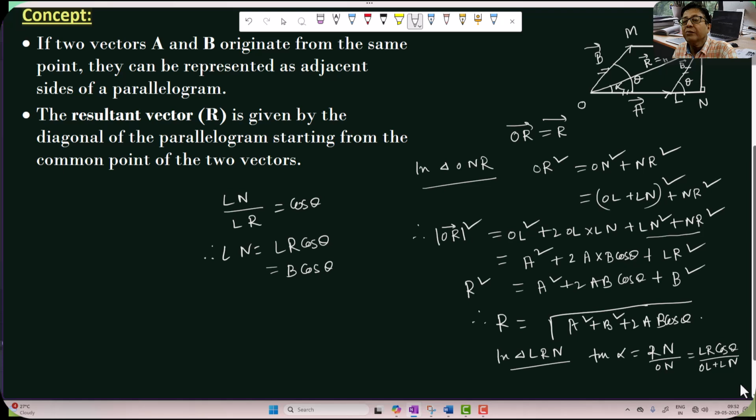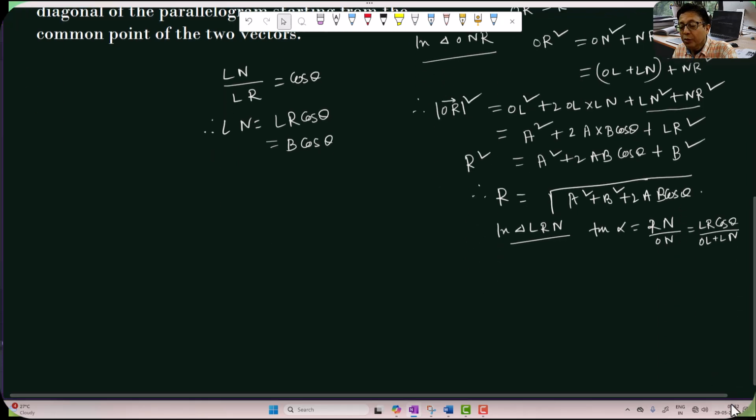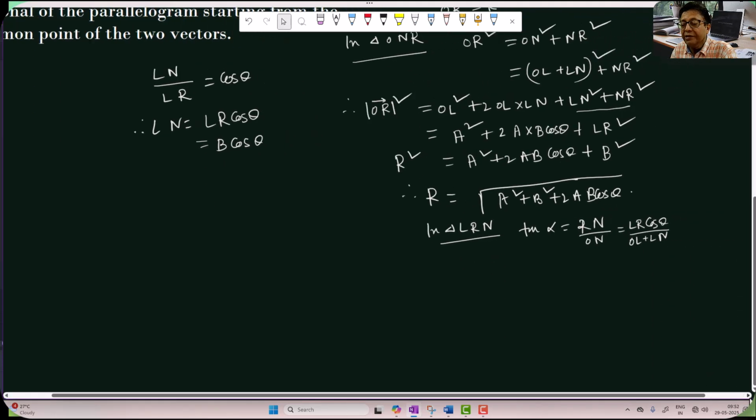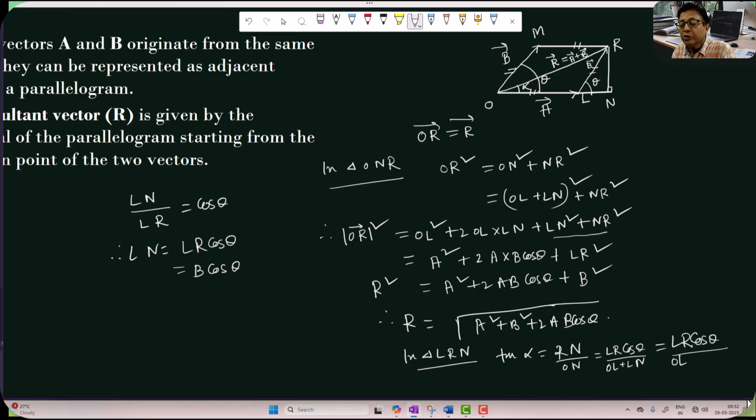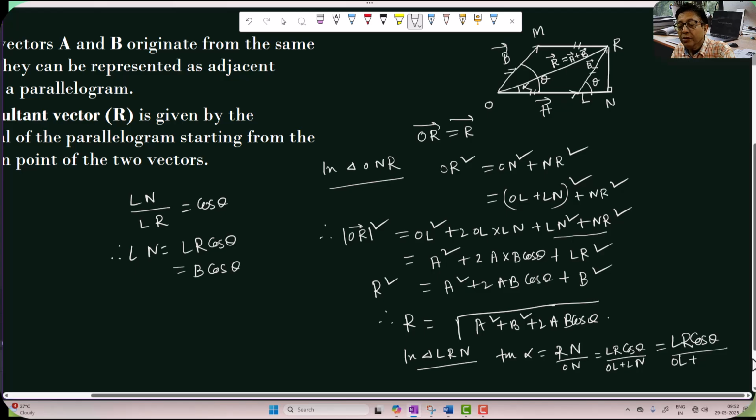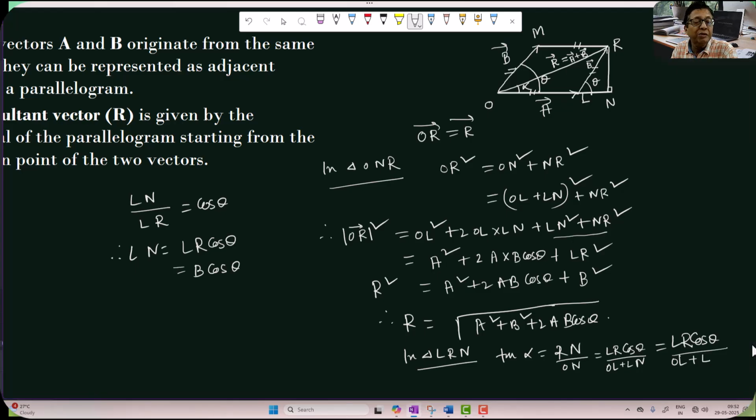LR cos theta, and ON is what? OL plus LN. Alright. Now what we will do? We will put the values of LR, OL and LN over there. So LR cos theta, that divided by OL plus LN is what? That we have already done. LN is LR cos theta.